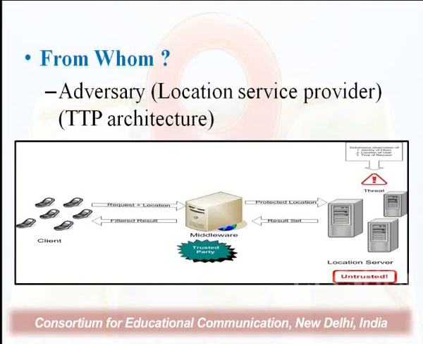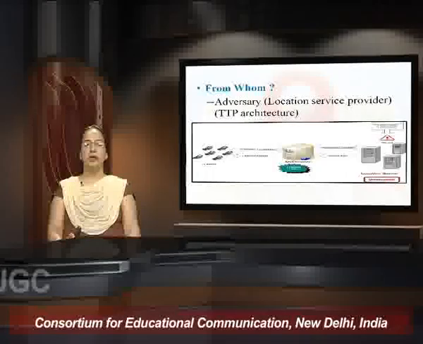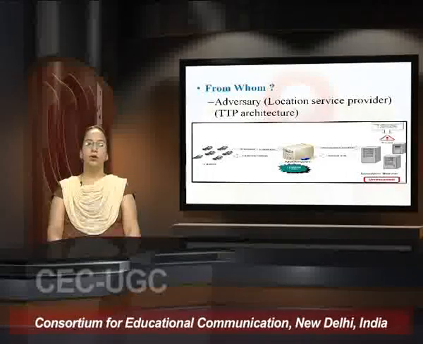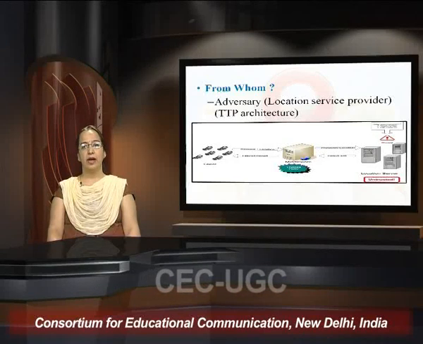One is the user, another is the middleware or trusted third party, and the third is your location service providers or location servers, or commonly you can say only servers. These servers are considered adversaries to whom we don't want to disclose the location. It is perfectly fine if we disclose the location to the middleware or trusted third party.